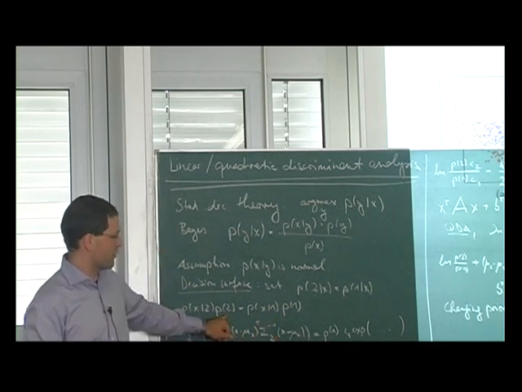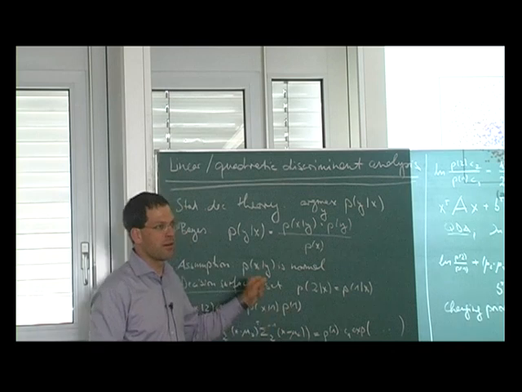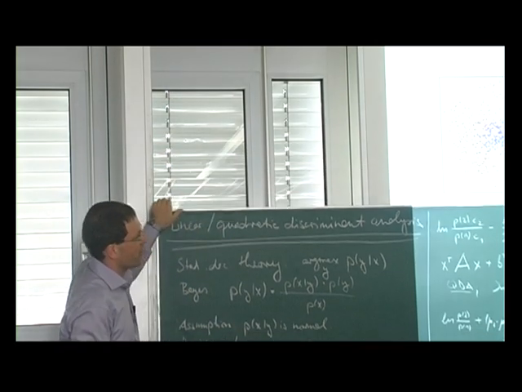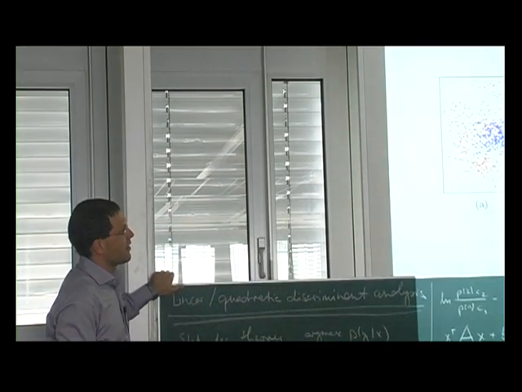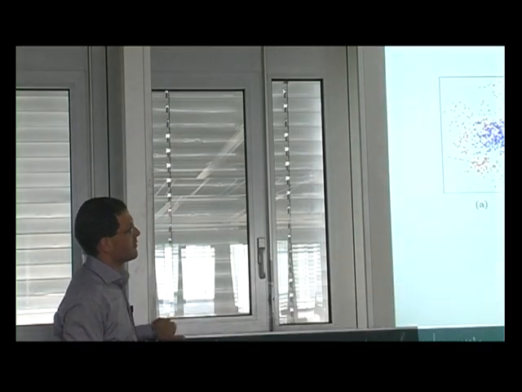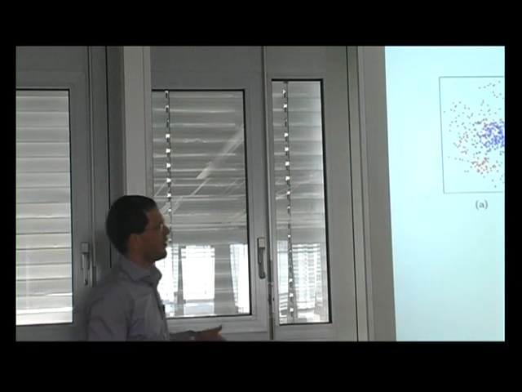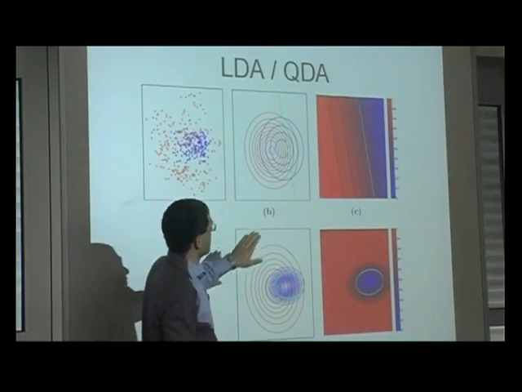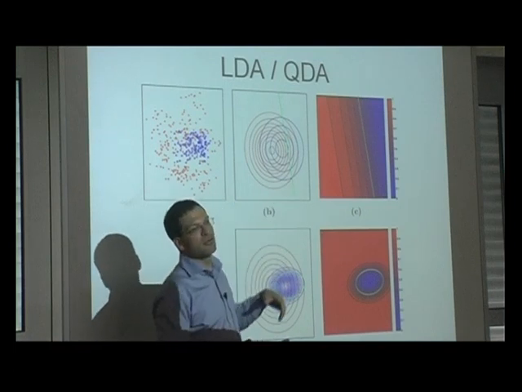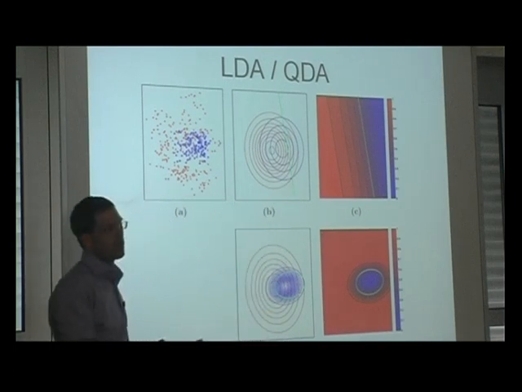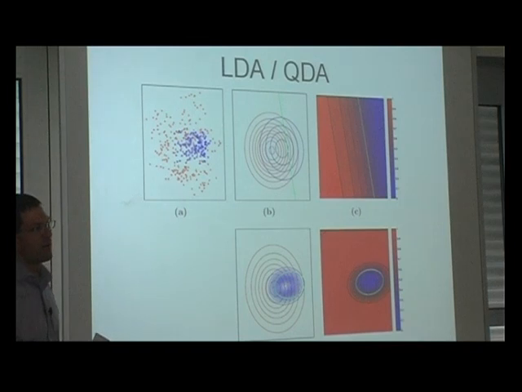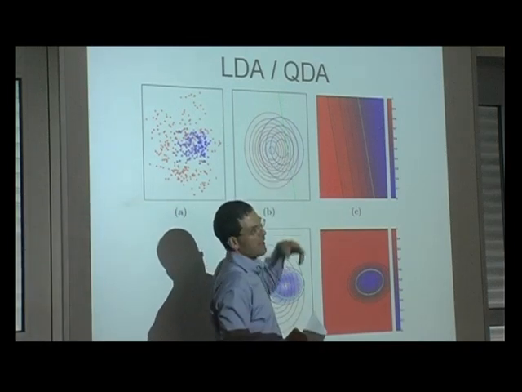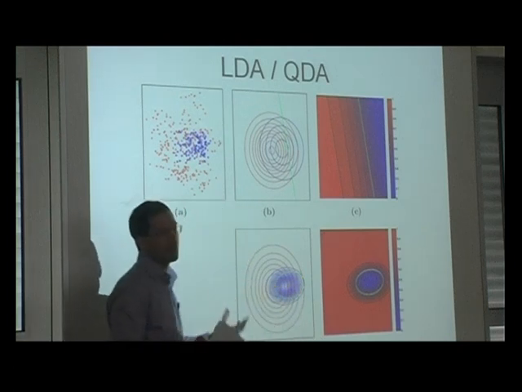But the priors, of course, still need to be estimated from the data. In this particular case, we have more red points than blue points, and this is why we estimated a lower prior for the blue class. This results in a down weighting of the blue Gaussian, and this is why the contour lines look a little bit different here. It has fewer contour lines, meaning we have lower density.